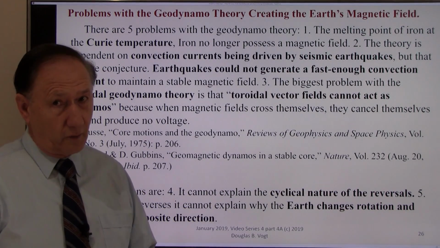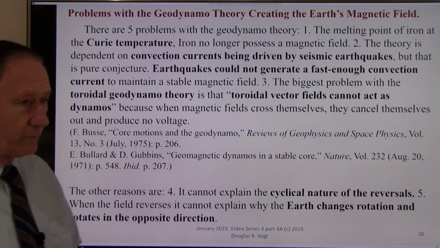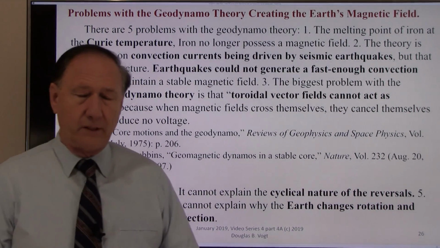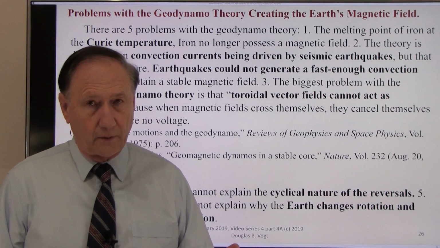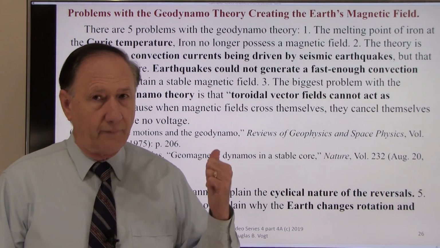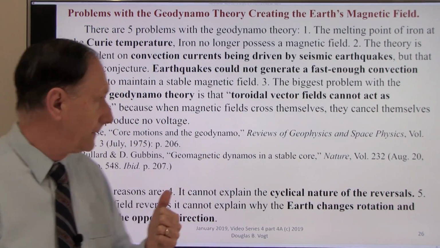You read the journals, you see what I mean. Earthquakes could not generate a fast enough convection current to maintain a stable magnetic field. This thing would have to be vibrating like jello all the time, and that doesn't happen. Therefore, you can't have the convection currents to create the magnetic field, the electrostatic field.